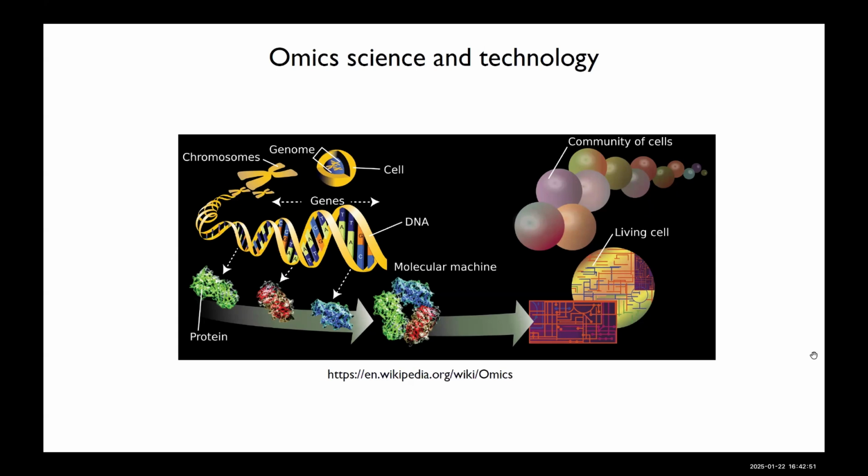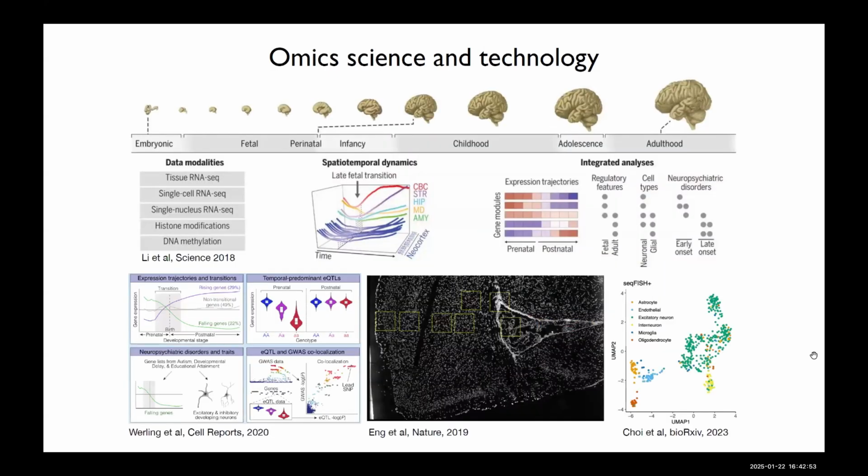For example, it's known that building the human central nervous system is a complex dynamical process that takes place over a long duration of time. And previous analysis has shown that the transcriptome, the entire set of expressed RNA molecules in brain cells, undergoes profound changes during human brain development.